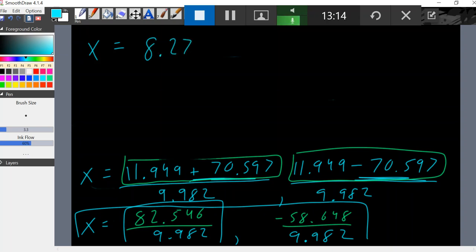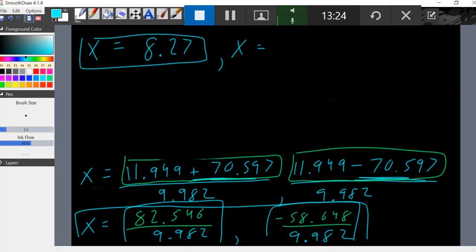In my final answer, guys, I like to round down to 2, comma, and our other value will be x is equal to negative 58.648 divided by 9.982, and we'll get negative 5.875, but that 5 will round that 7 up to another 8.